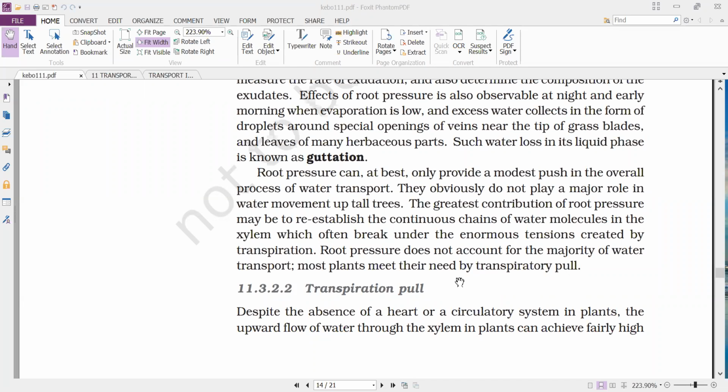That is the main purpose of root pressure in tall trees. In small trees, the root pressure is enough for the transportation of water to the upper parts of the plant.